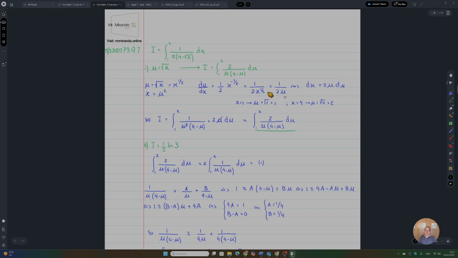Why did you do this? Because leaving this as x is not going to allow you to proceed on the question. Your final answer is in terms of u, so you might as well just put everything in terms of u, okay? You could now do du equals 1 over 2u dx.